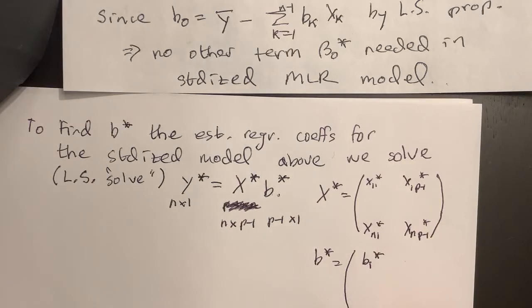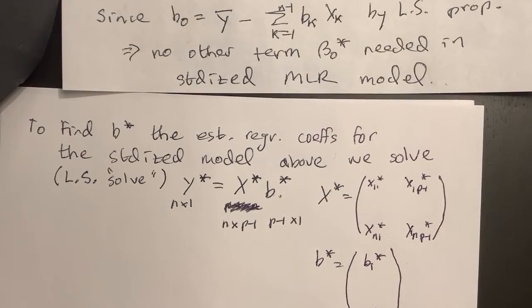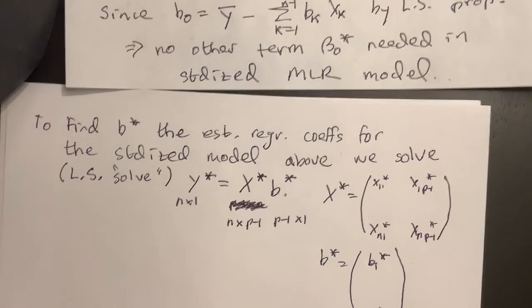These are the estimated regression coefficients. And Y star was defined above. Again, same thing as before.